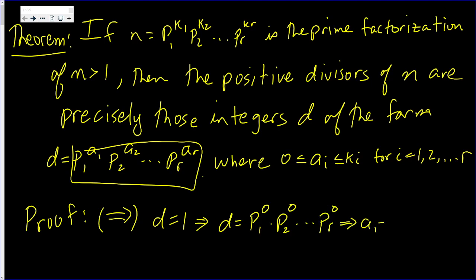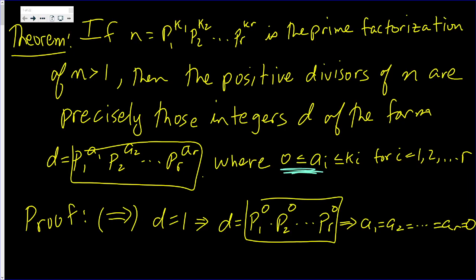That is, a1 equals a2 all the way up to a sub r, which equals 0. That is, d is of the appropriate form. It said that the powers have to be at least 0, and they were.